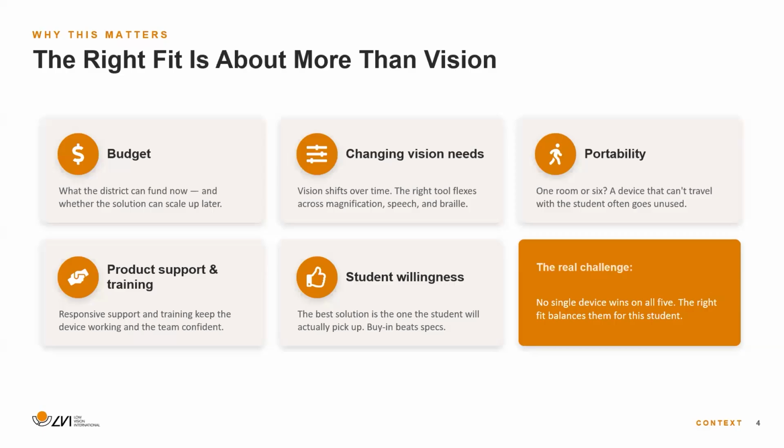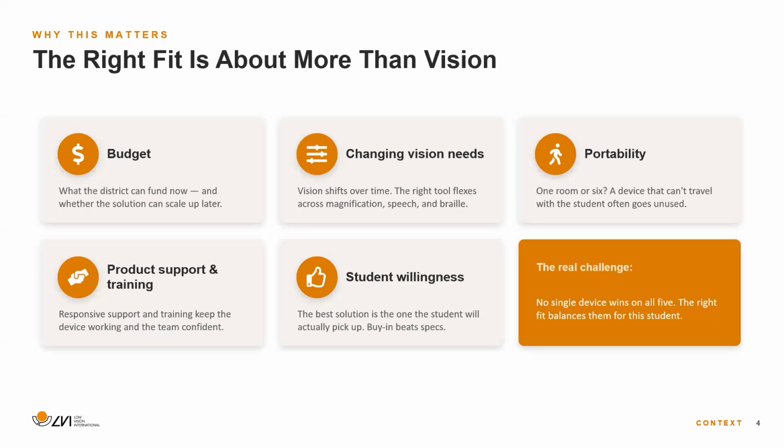It's really important to think about this. And then the last tile here, and this is an important one, is student willingness. Is the student willing to put that unit, that system, that camera, that device on their desk and be comfortable using it? We know that buy-in when it comes to students beats specs.